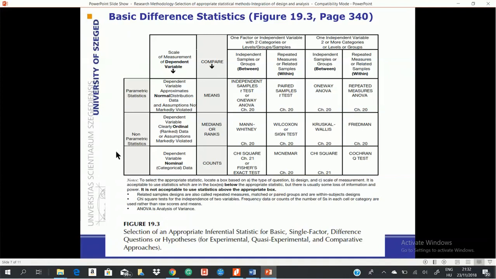But if it does not fulfill the assumptions, or the data is just nominal or ordinal, you can only do non-parametric statistics. It's the important point in this table.